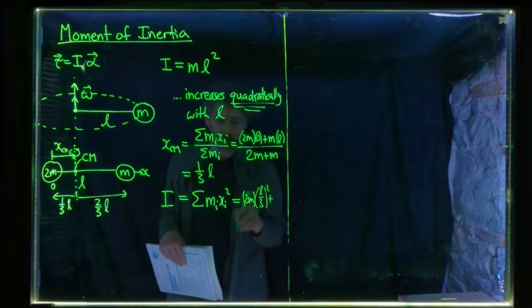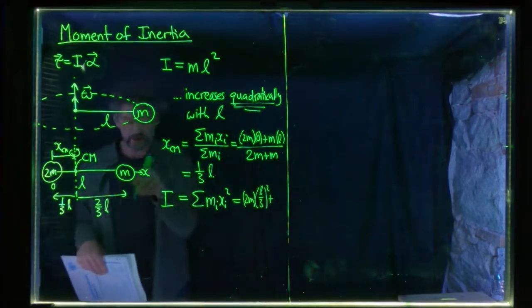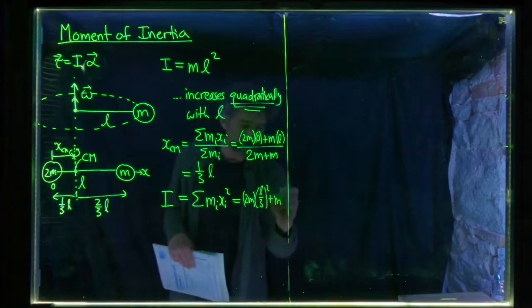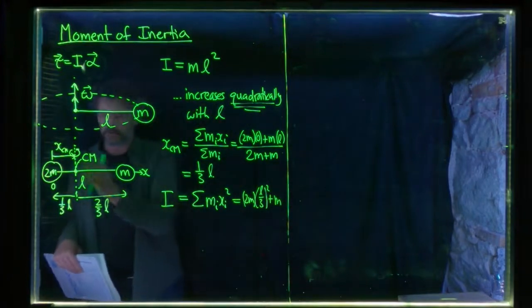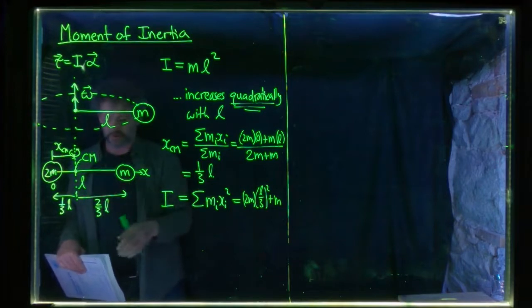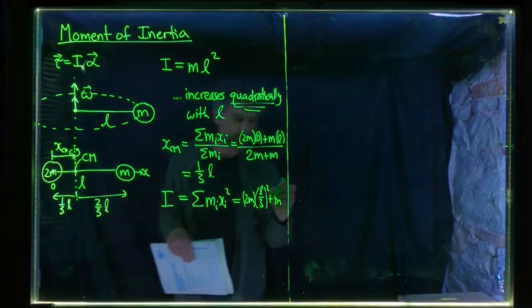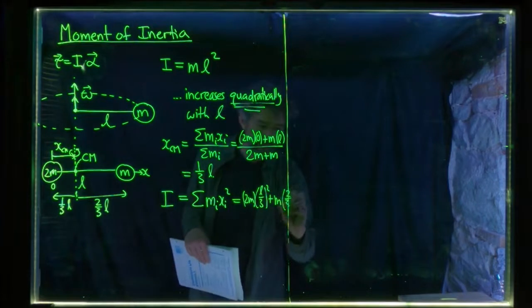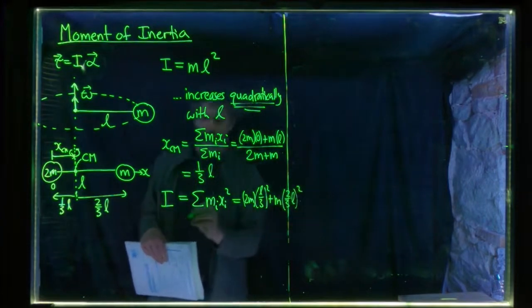Square it, that's super important. Plus the second mass, little m, times the perpendicular distance from the axis of rotation to the second mass, which is 2/3 L. And then we square that.